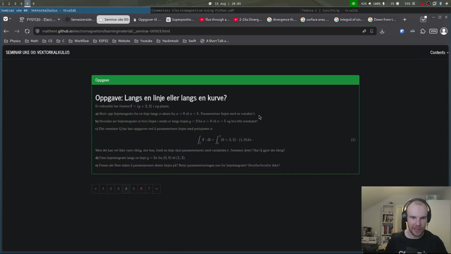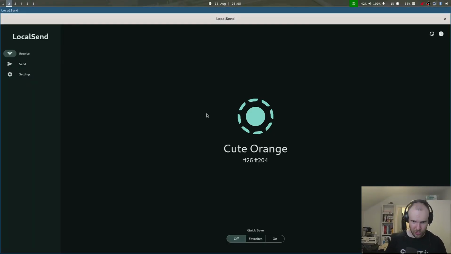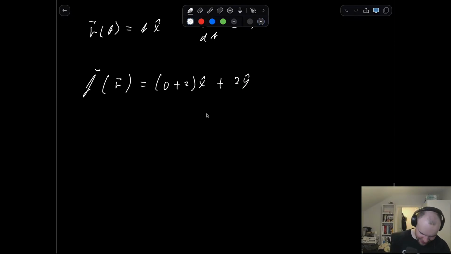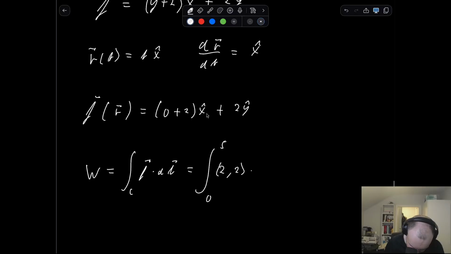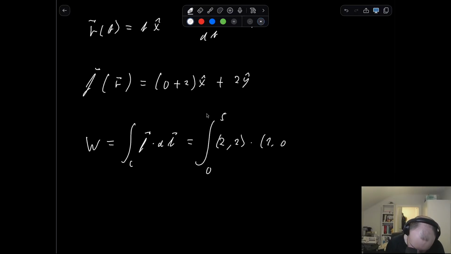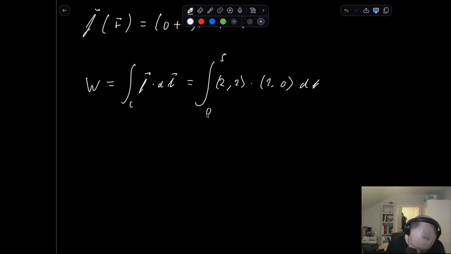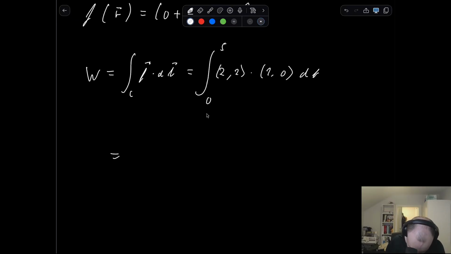It's correct. And I've written that integral, and I should write it from 0 to 5. So the work, a line integral for F dot dl, is the same as going from 0 to 5 for F of r, which was just 2 and 2, multiplied by x hat, so just 1 and 0, dt.